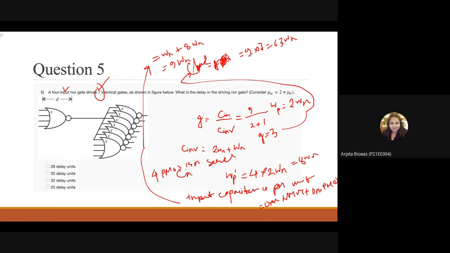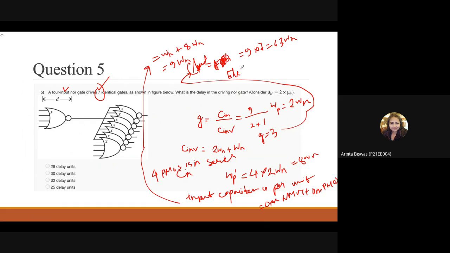9 into 7. Then find out the electrical effort. First we have calculated the logical effort, then we have calculated the C load. C load is equal to this total capacitance multiplied with this 7, because this NOR gate drives 7.